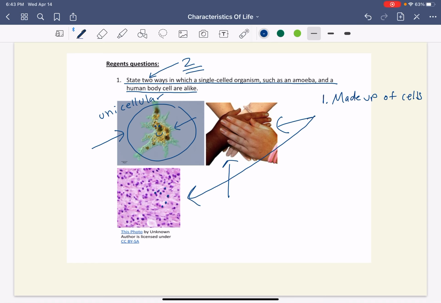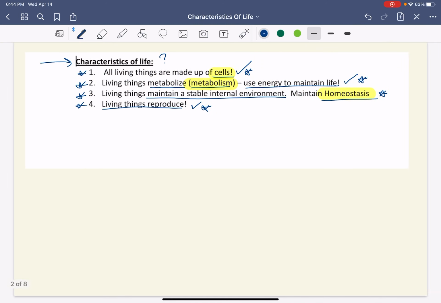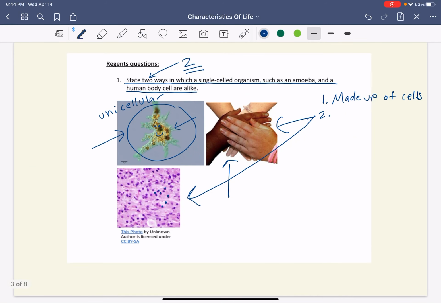So 1, it's made up of cells. 2, you can pick from any of here. What do you want to say? The amoeba metabolizes. The amoeba has to maintain a stable internal environment, and the amoeba has to reproduce. So let's keep it simple and say both the amoeba and human reproduce.